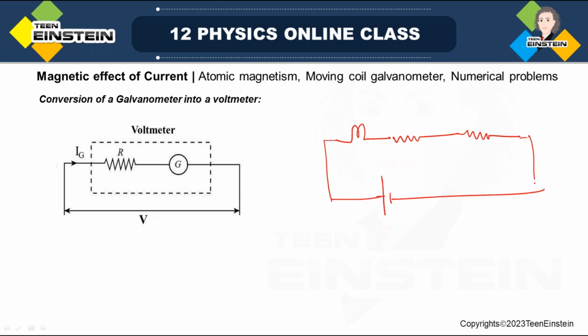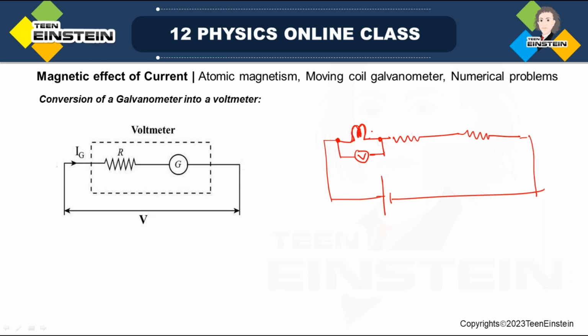If I want to measure the voltage across this bulb, what I have to do is bring a voltmeter and place it across this. This is the use of a voltmeter. I can just connect it in parallel to this, across any two parts of the circuit.